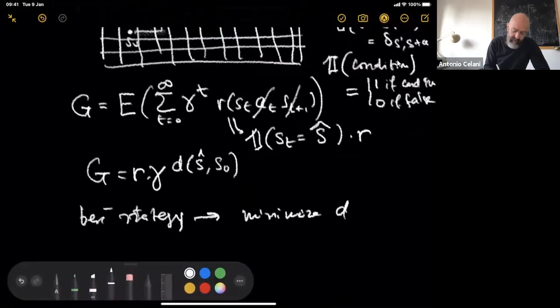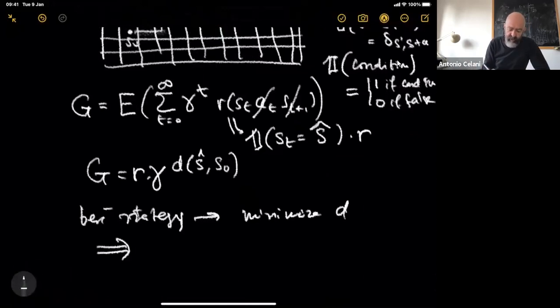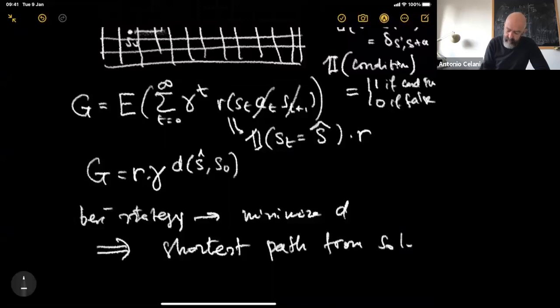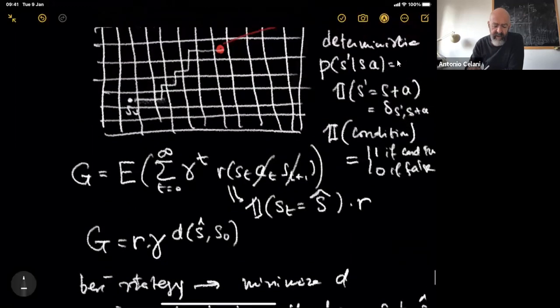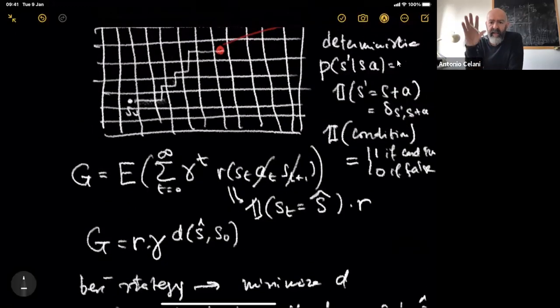So this is one other way of rephrasing the problem of shortest path. So we are casting another classical problem of computation, which is finding the shortest path. Of course, I'm writing this for grid world, but you could write it on any kind of graph.